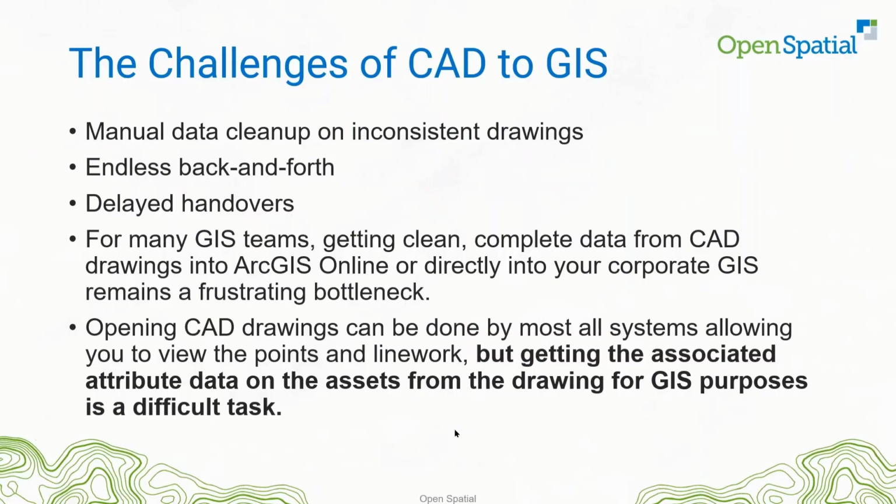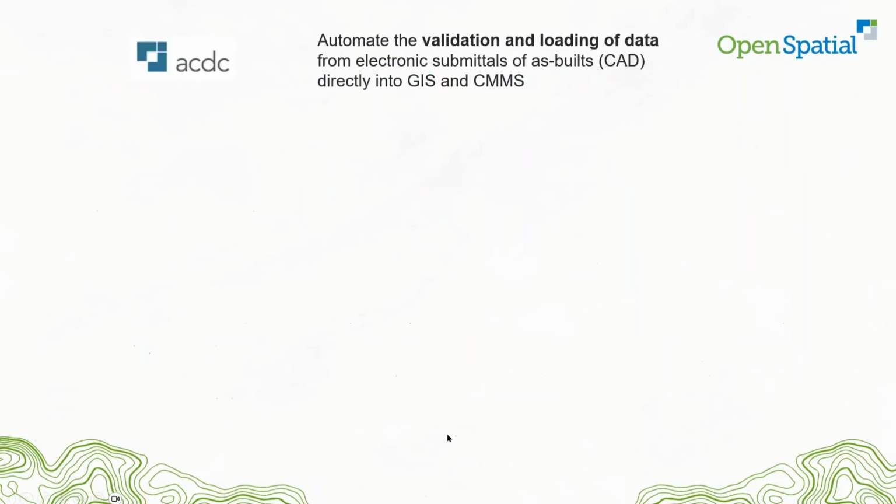The real challenge is getting the associated attribute data from the drawing for your GIS purposes, meaning that you know what the feature types are. That's fairly easy, but also what attributes, are they consistent? Do they fit your domain values? And is it a segmented network? Are you starting to build out the utility network, etc.? So that is where ACDC comes in.